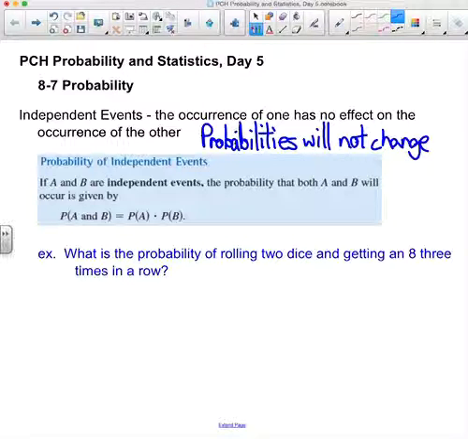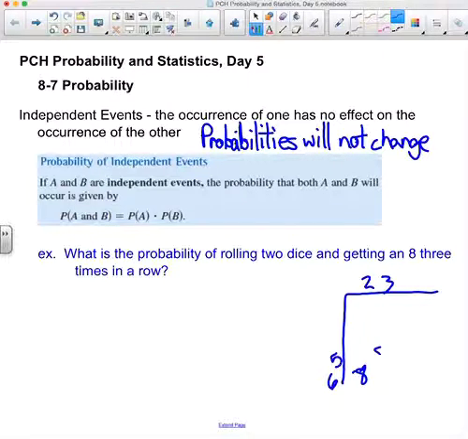Rolling a 5 or a 9 is 4 out of 36. If you can't remember, that's okay. Just draw yourself the table. Getting a 2 and a 6 would give us an 8. Getting a 3 and a 5 would get us an 8. Getting a 4 and a 4 would give us an 8.